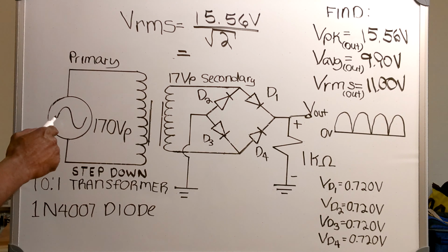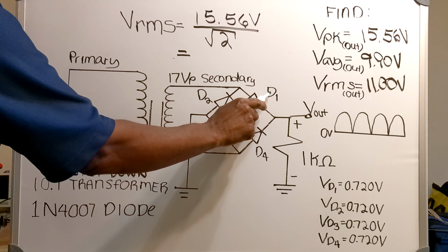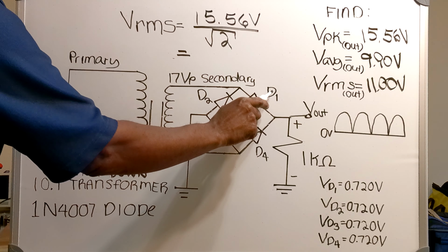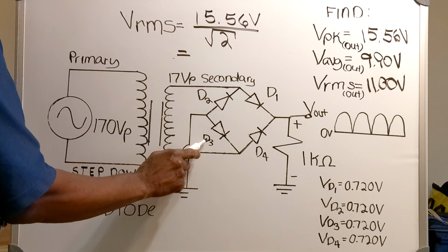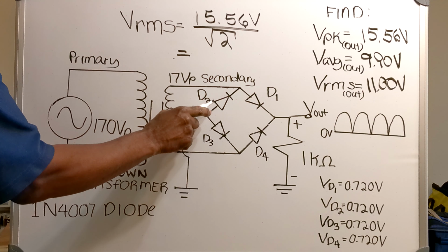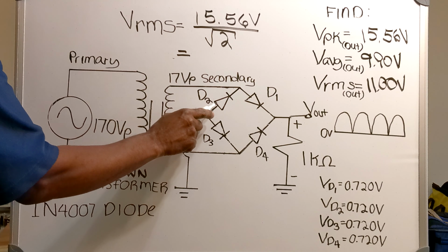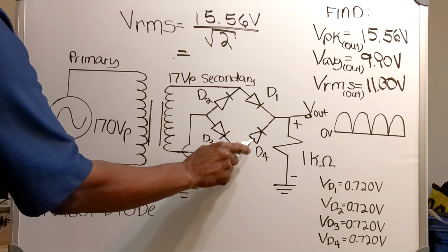Now, on the positive alternation, the diodes D1 and D3 conduct. On the negative alternation, the diodes D2 and D4 conduct.